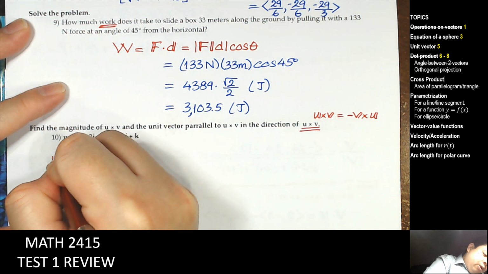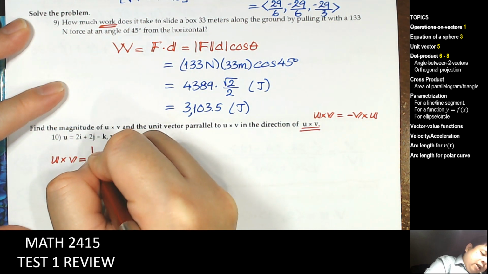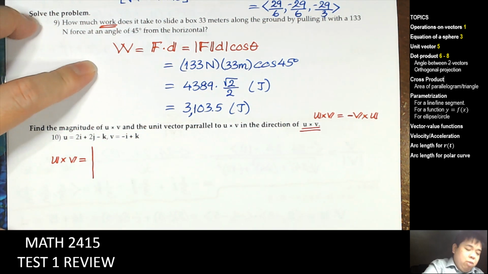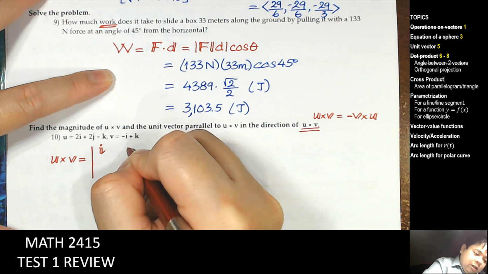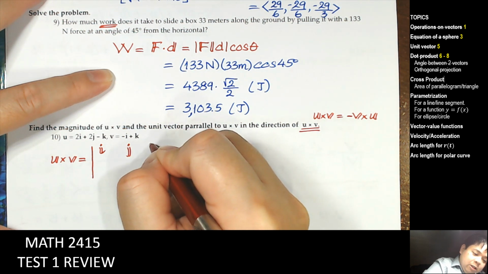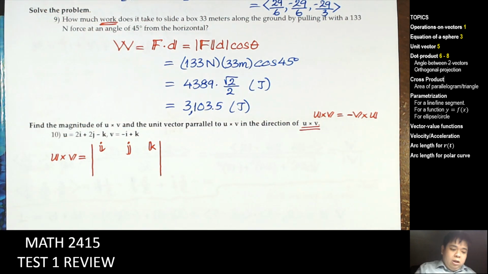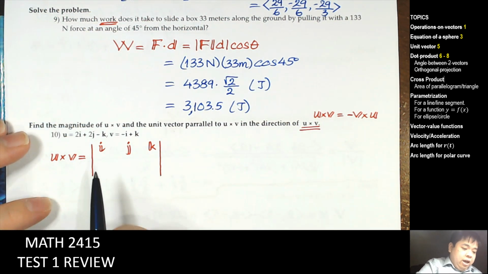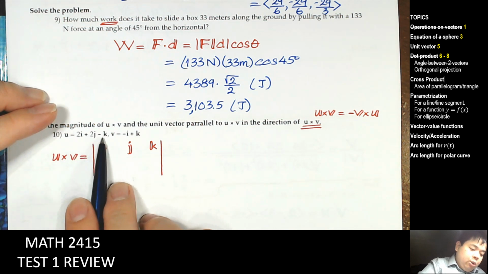U cross V is the determinant of a 3×3 matrix. The first row is the i, j, k components. The second row and the third row are the vectors.